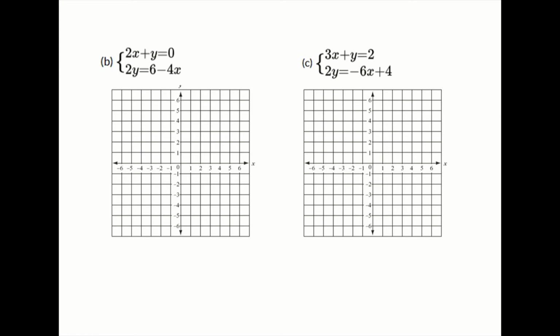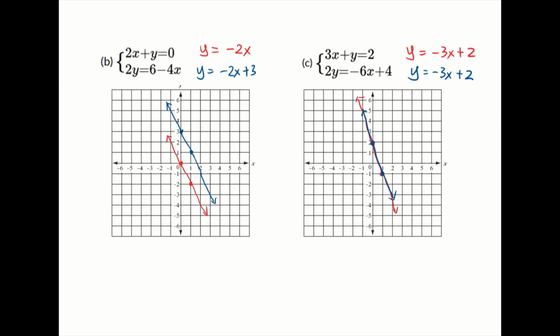Here are the answers. For B, first I turn both equations into the y equals mx plus b form, and then based on the y-intercept and the slope, I graphed both lines. And you can see from the graph that the two lines are parallel. And we know parallel lines will never intersect.